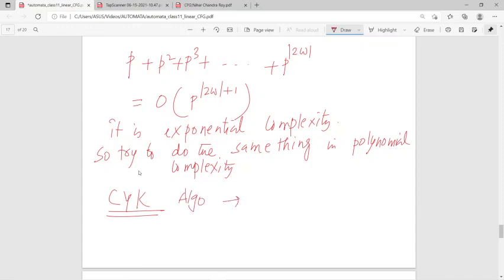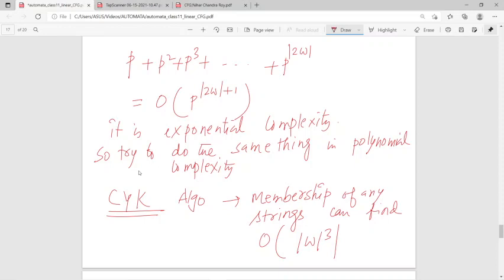This is called membership of any string, whether the string belongs to the language or not. Any string you can find in polynomial time complexity. This is called the CYK algorithm, another very interesting algorithm.